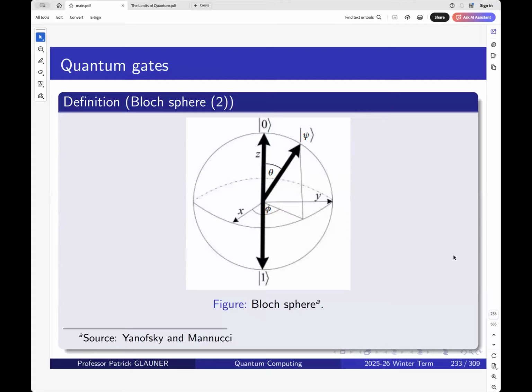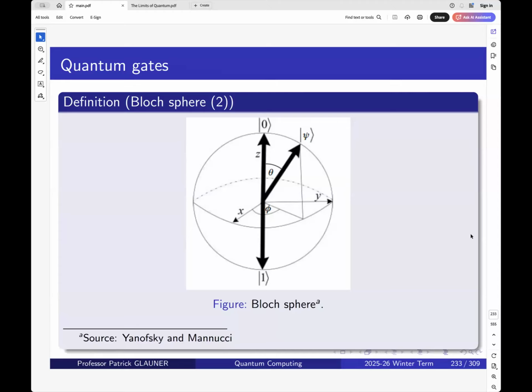There are other visualizations of qubits as well, because the Bloch sphere only works for 1 qubit. In some of the literature, you find other notations which are different from the Bloch sphere, but they could also help you visualize multiple qubits with some diagrams. There's not one common notation aside from the Bloch sphere, but there are some interesting notations if you look at multiple qubits and want to visualize them together.